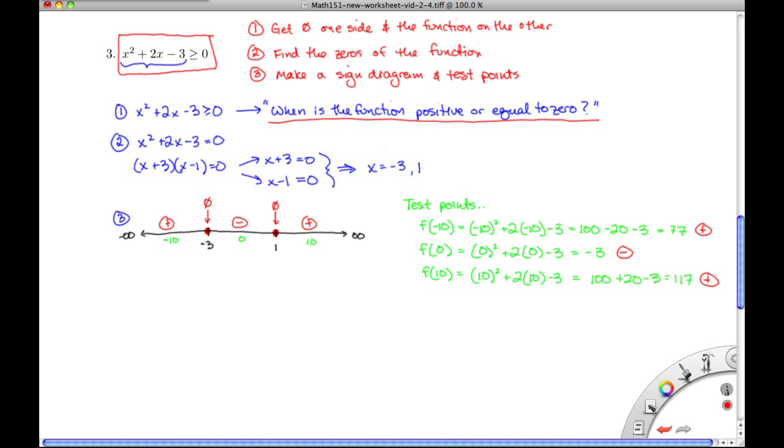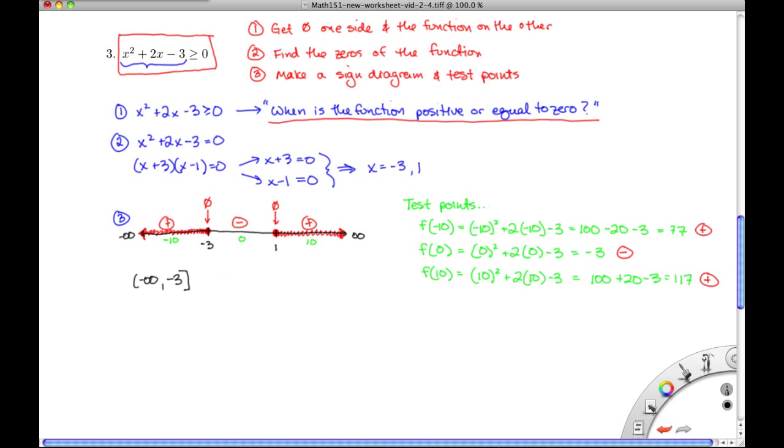And then I also want to know when it's positive. And we can see that it's positive on this interval right here, and then on this interval right here. And then in between, the function is negative. We can tell that from our test points. So now we've got our solution, and we can just put it together. So we've got it from negative infinity to negative 3, which we will include because it's equal to 0 there.